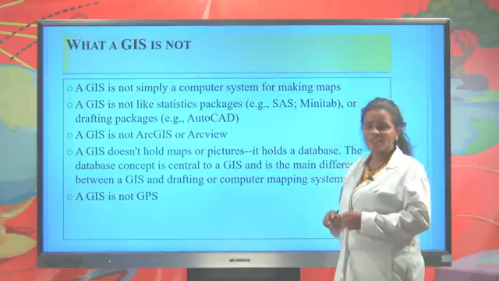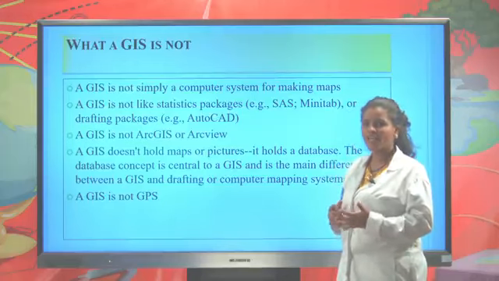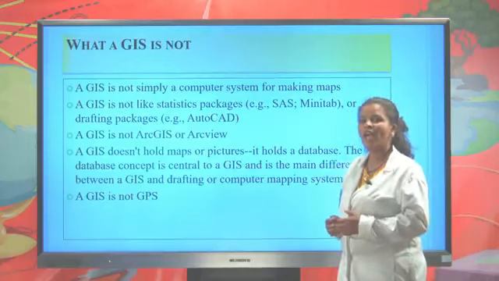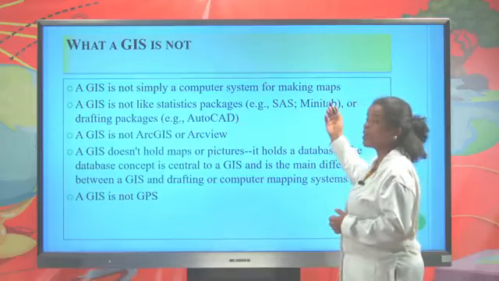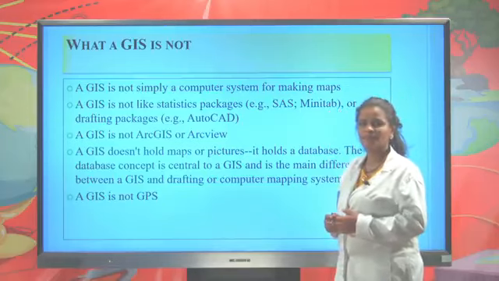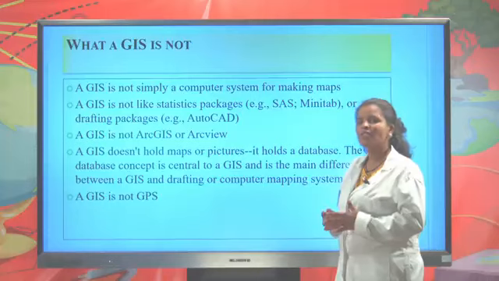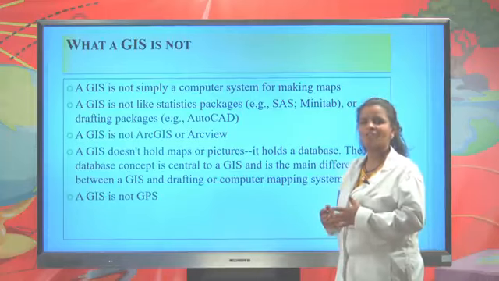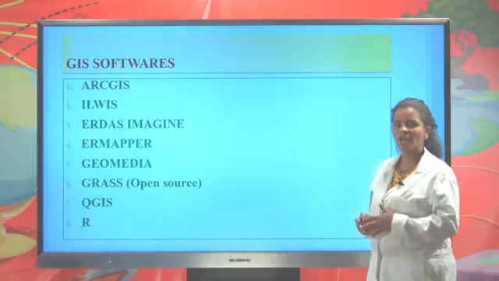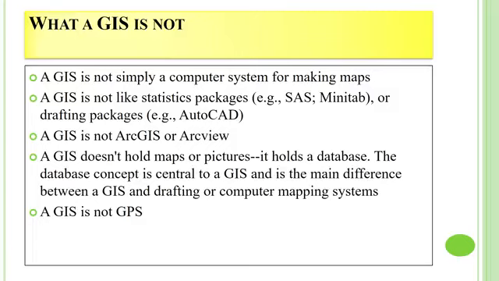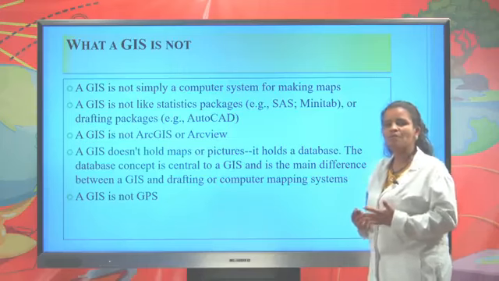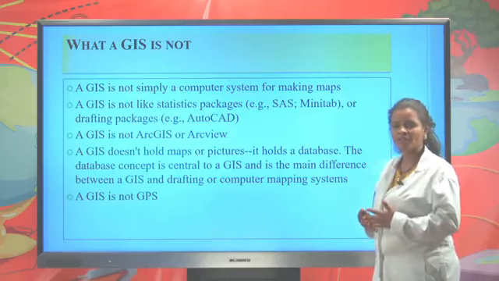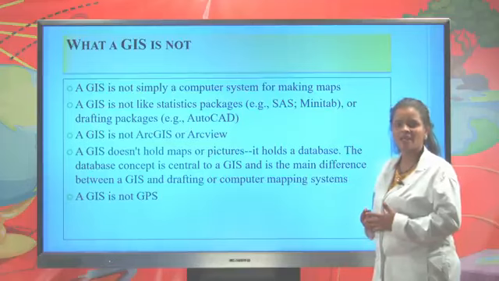What is GIS not? A GIS is not simply a computer system for map making. It is not like a statistical package, and it is also not ArcGIS or ArcView. It does not hold maps or pictures. It holds a database.